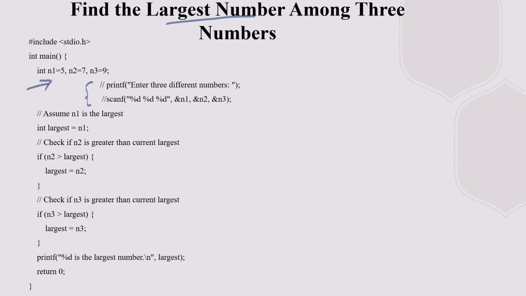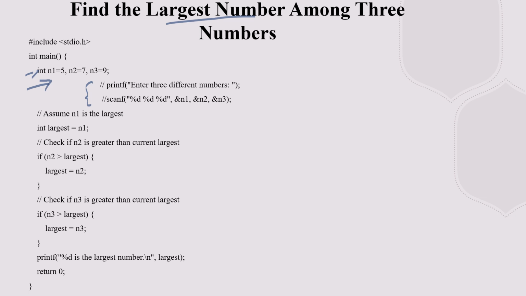So if you understand the logic and if you use these two lines instead of this line with a slight modification, instead of using these numbers 5, 7 and 9, you yourself can give any three numbers, and the code can find you the largest number within those three numbers.